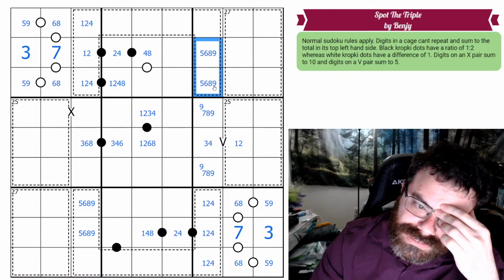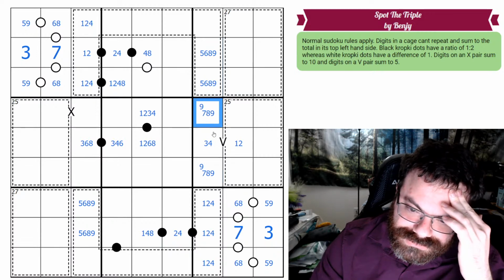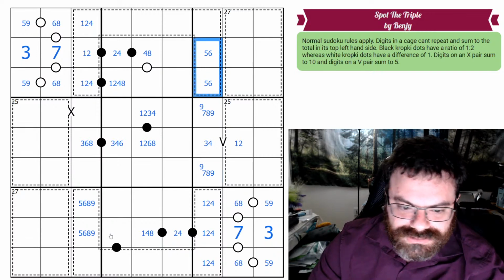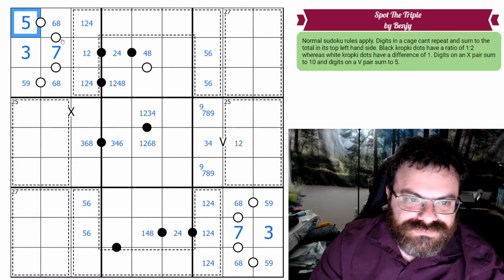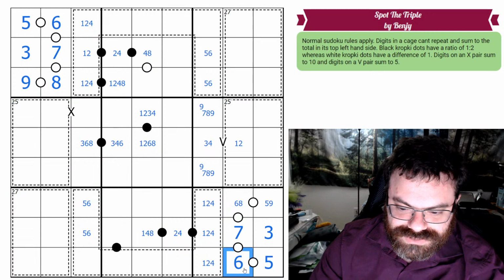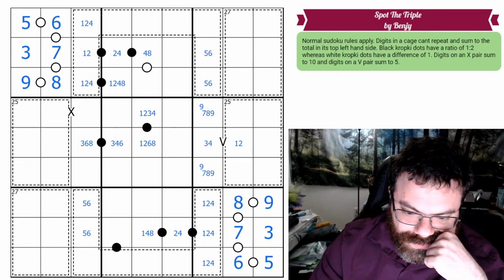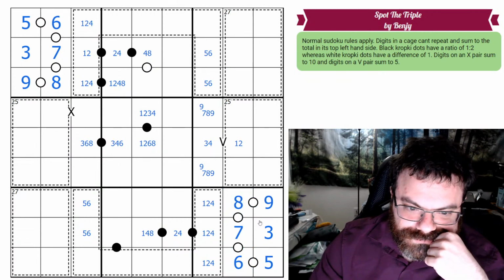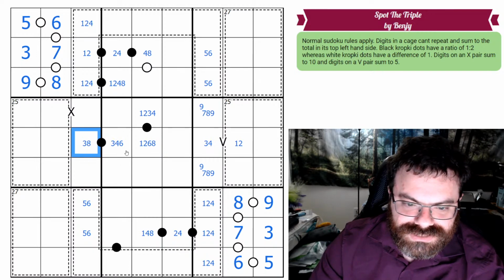Oh, and they can't be 8, 9. So we found out that this is 5, 6, 8, 9 like that, and this is 5, 6, 8, 9 like that. So this is not 6, so that's not 3.